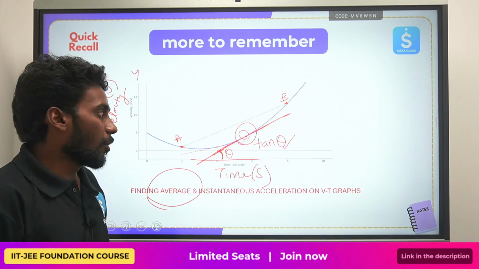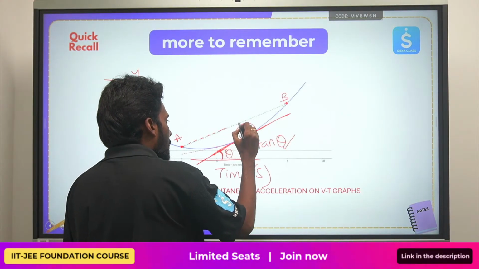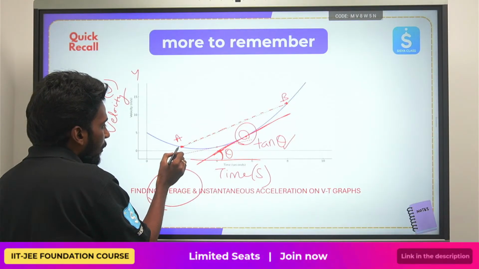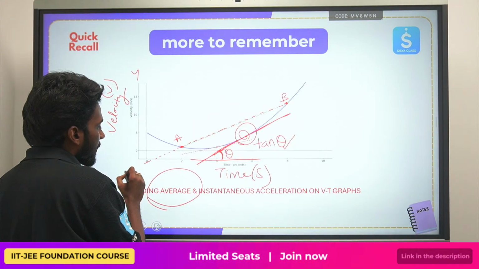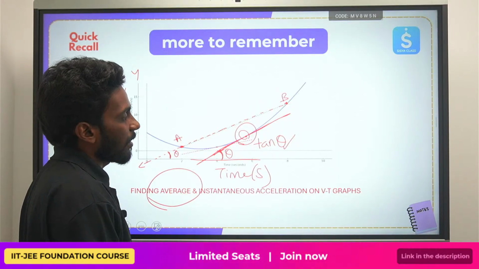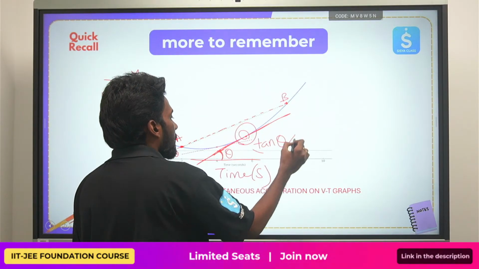I have to connect these two points with a straight line, extend the line up to the x-axis, and take the value of theta that it makes with the x-axis. Again, the same process: I need to find tan theta.